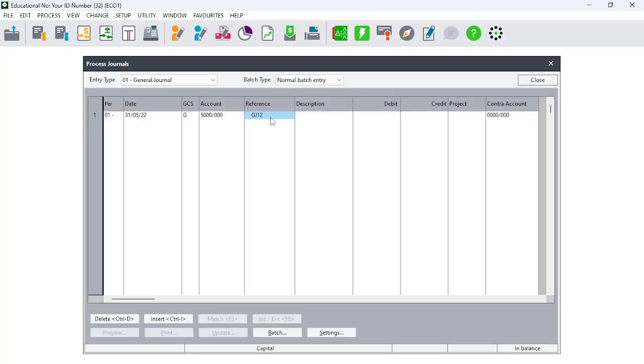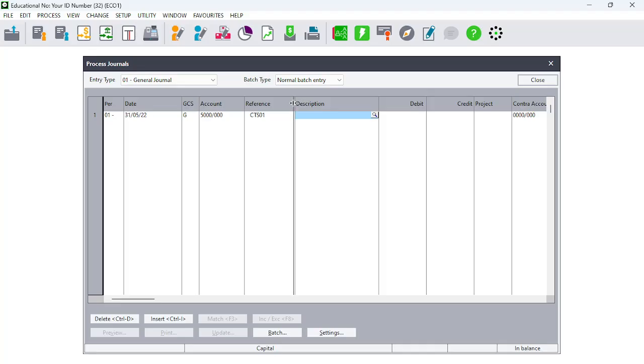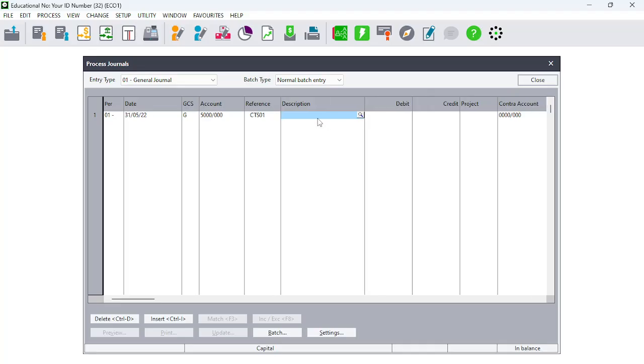My reference there is going to be, as stated in the question paper, CTS01, and the description here will be something that will make sense. In my opinion, the best way to state that will be closing, because it is a closing transfer of drawings.